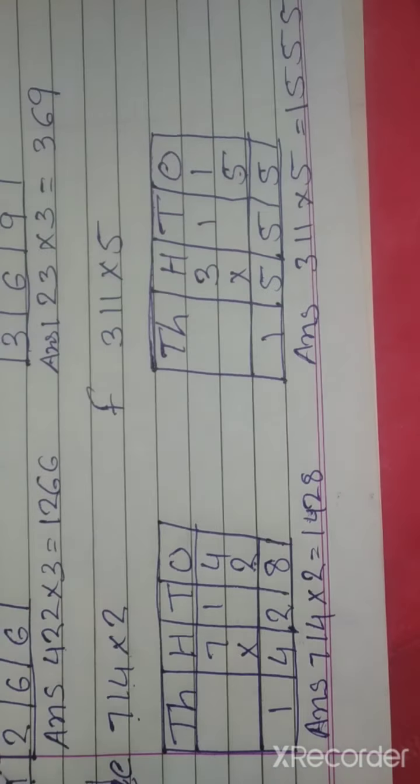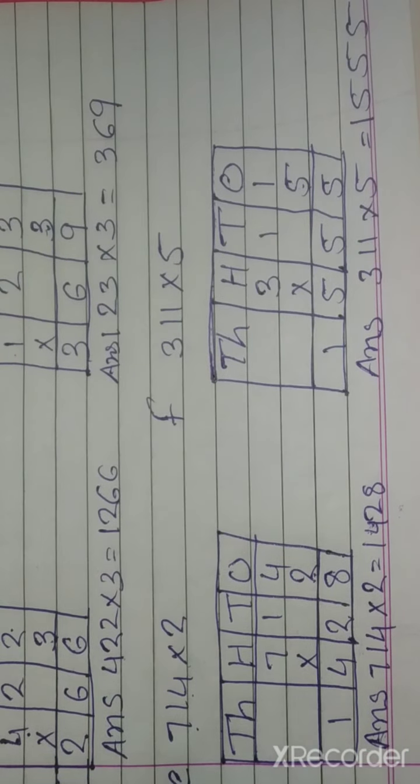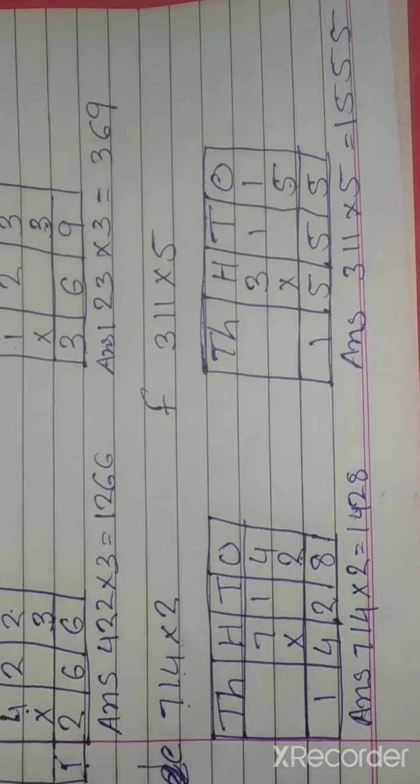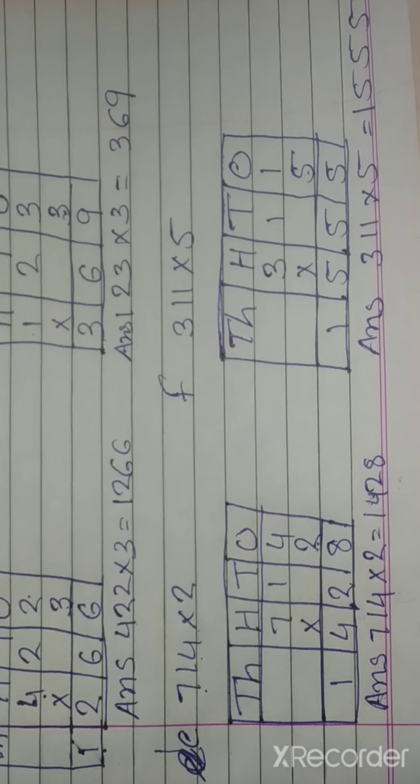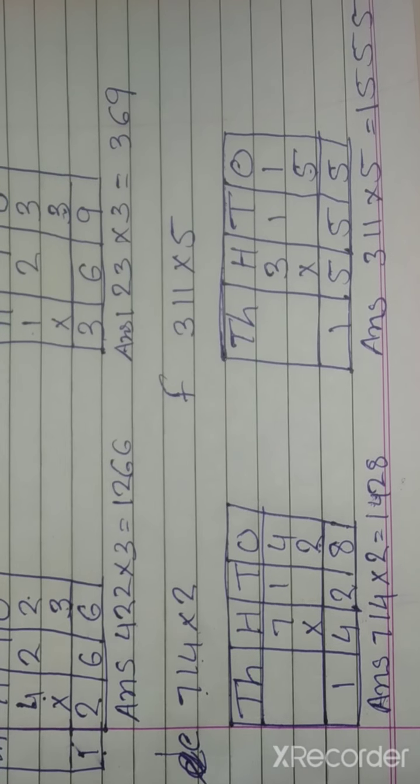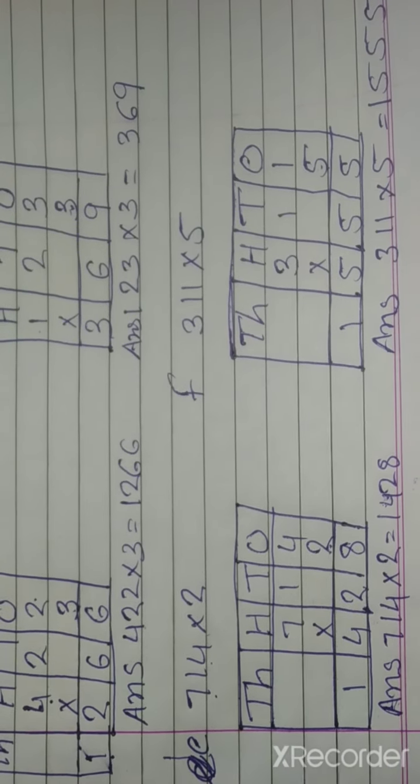Now look at this sum, students. I'll give you 2 minutes. After 2 minutes we'll start the next sums. So look at this and complete it. Complete worksheet number 7.